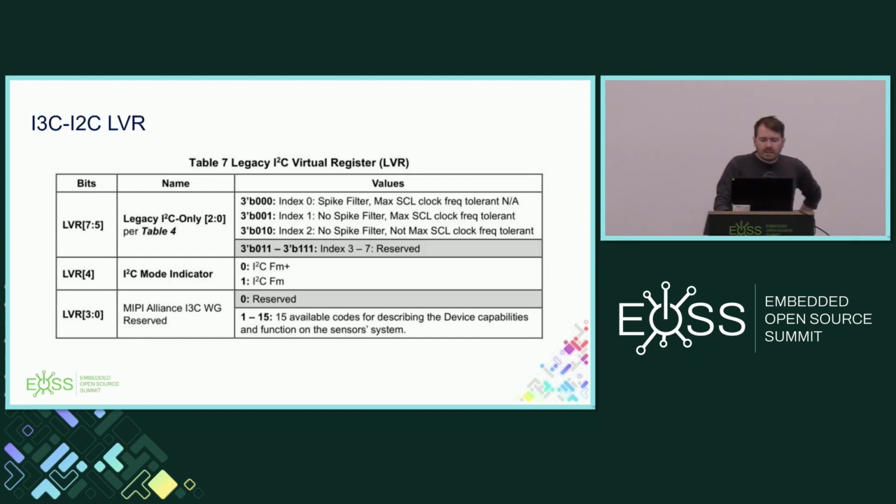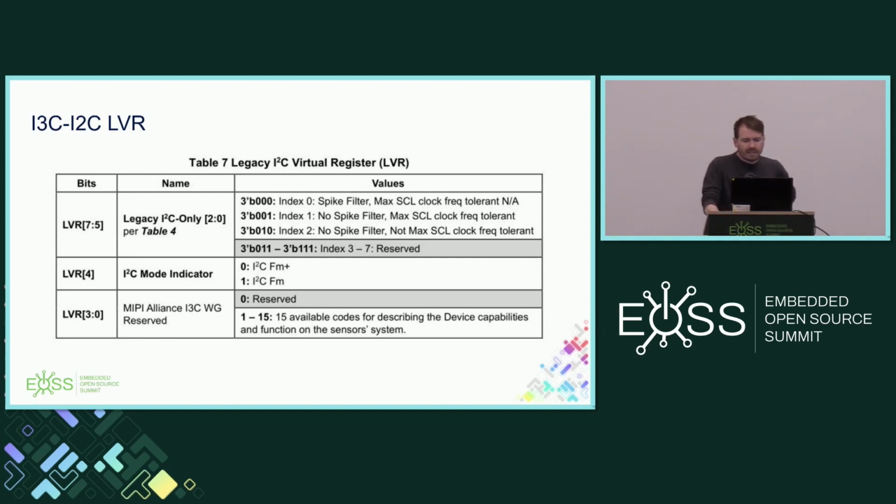register. So basically, when you're in this compatibility mode, this does affect the timing of when you toggle the data lines. I don't have time to get into the details of all that, but basically, you need to find this, and this does change how your I3C controller will be configured.